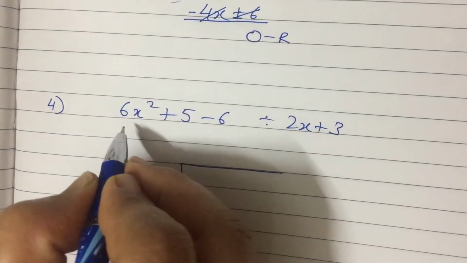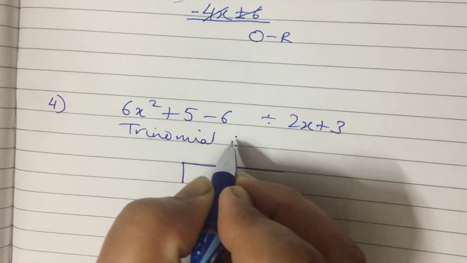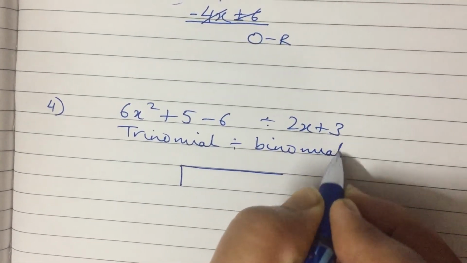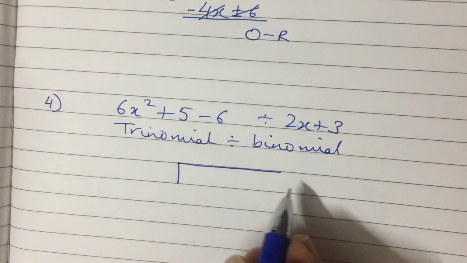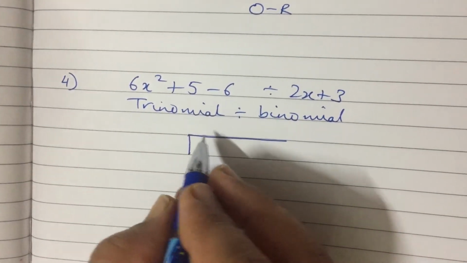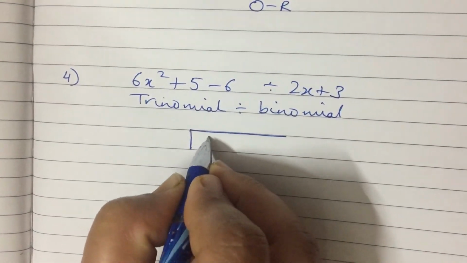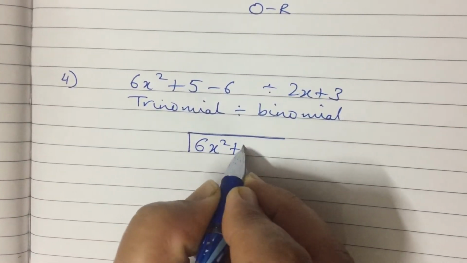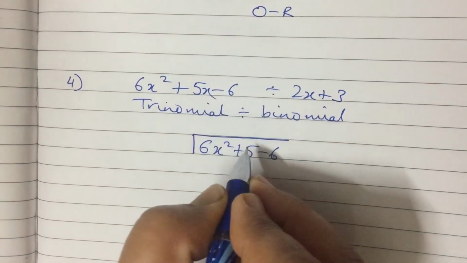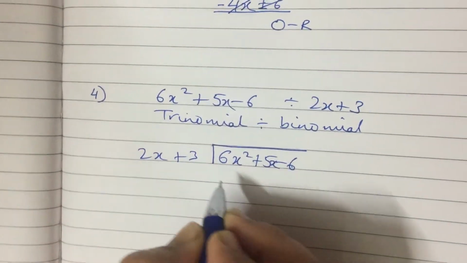So this is a trinomial divided by a binomial, and we are doing it now directly by the division method, because this method you're going to use quite a lot in this chapter for remainder theorem and for the factor theorem. So we write down 6x square plus 5x minus 6 divided by a 2x plus 3.